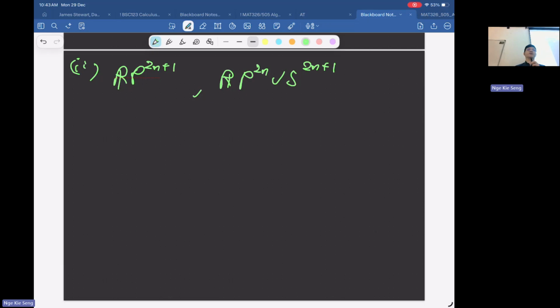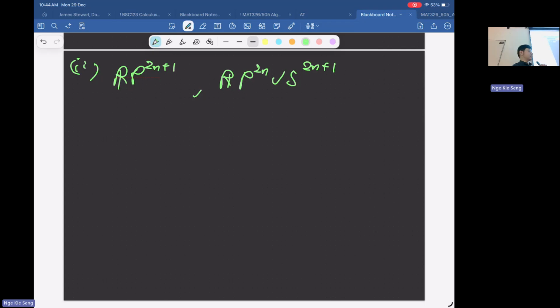So what's the difference between these two? RP2n+1 can be given by a 2n+1 cell. So you have a 2n+1 cell that maps the boundary onto RP2n.